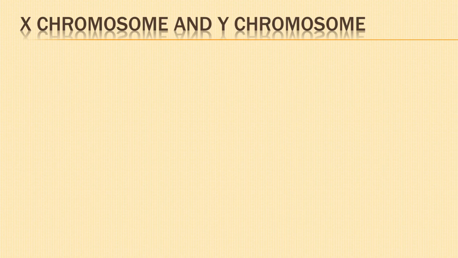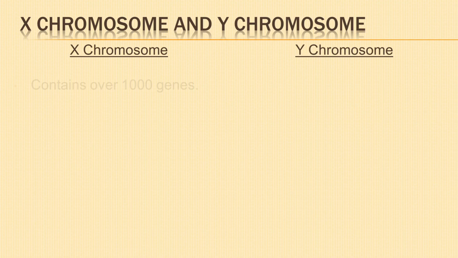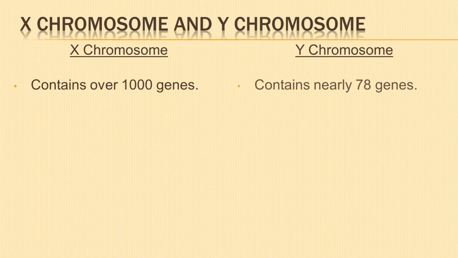X chromosomes contain over 1,000 genes. Y chromosomes contain nearly 78 genes. Genes present on X chromosome show criss-cross inheritance, that is, the inheritance of characters from the father to his grandson through his daughter.